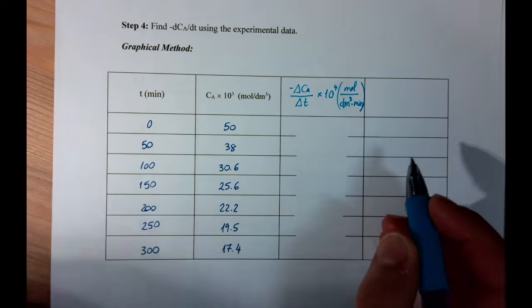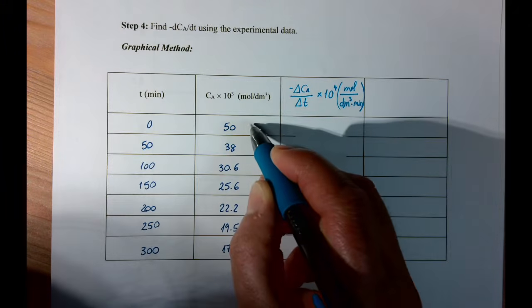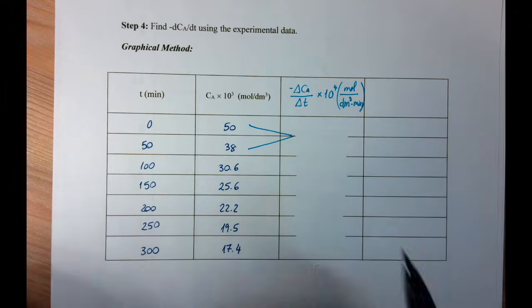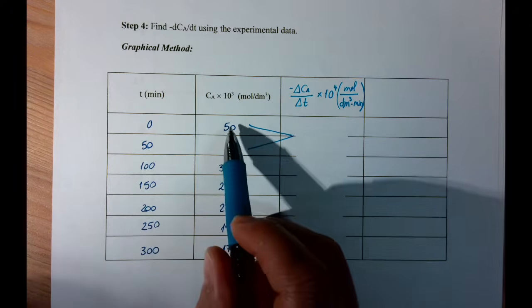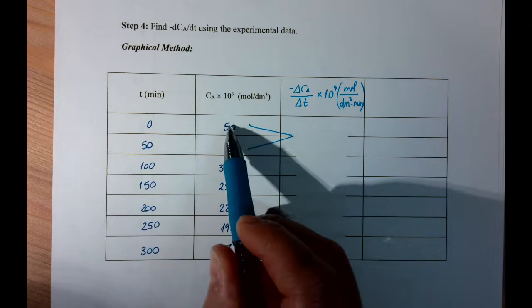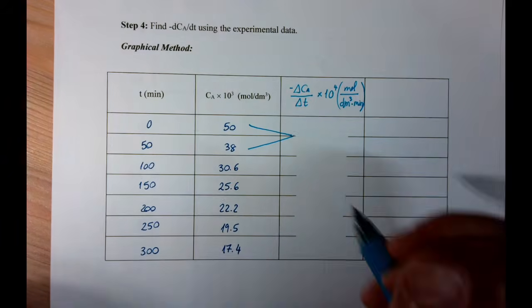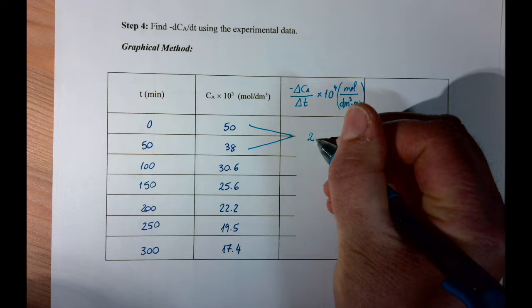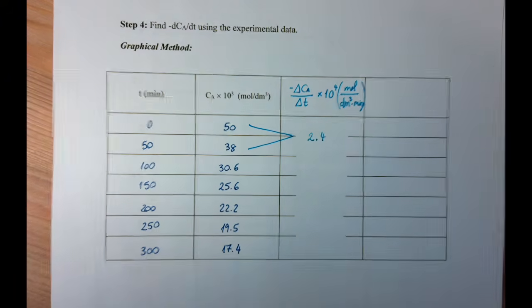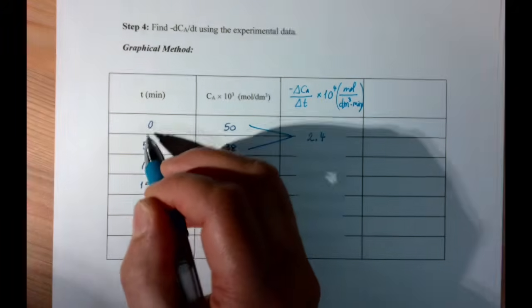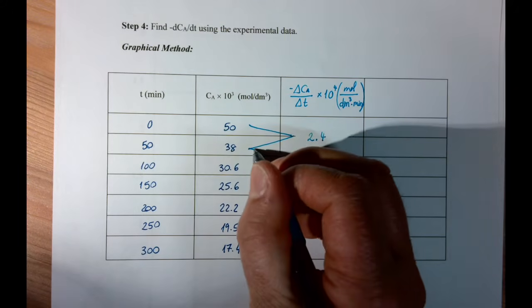To calculate that, I'm going to take this interval of time from 0 to 50 and my delta CA, which would be the difference between 50 and 38. When I do this, I'm going to get 2.4. So this difference divided by this difference.